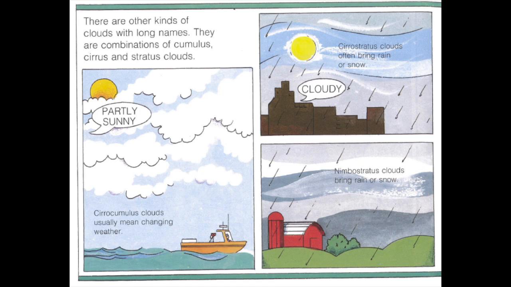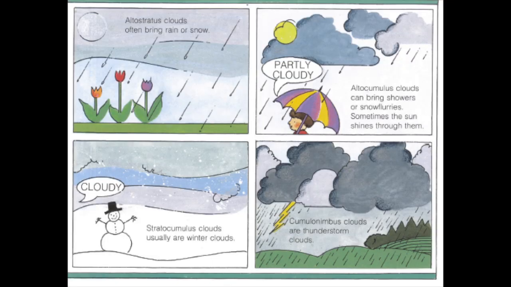Cirrocumulus clouds usually mean changing weather. Cirrostratus clouds often bring rain or snow. Nimbostratus clouds bring rain or snow. Altostratus clouds often bring rain or snow.